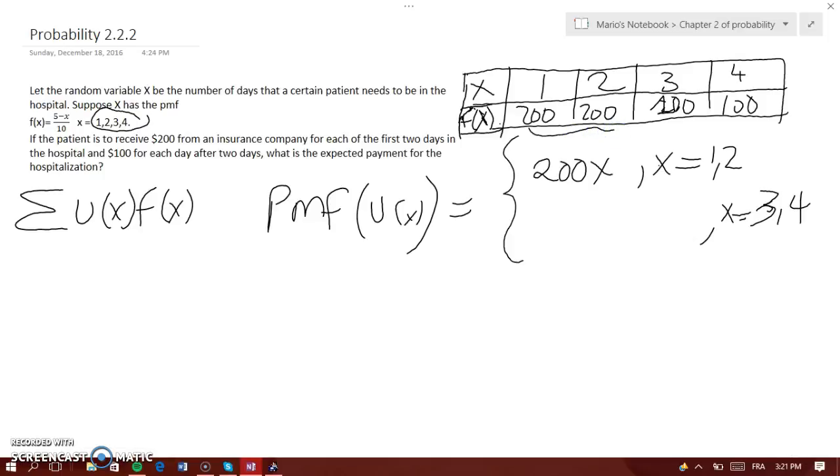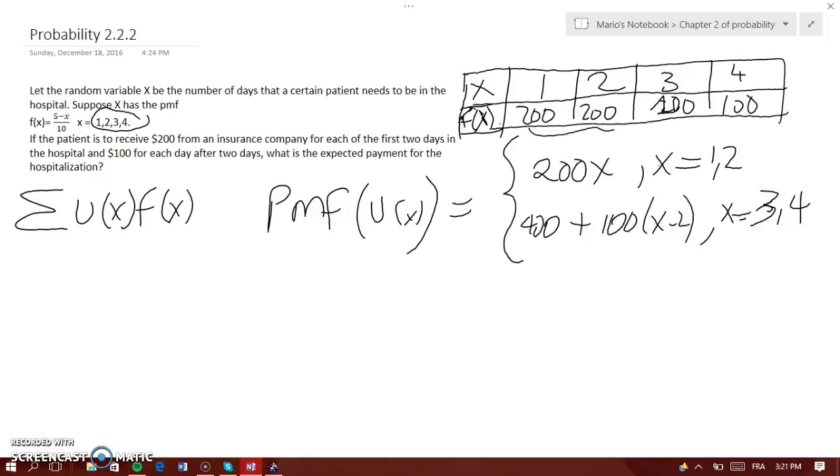So we would already have $400, plus in 3 and 4 we have $100 per day. Because it's 2 days left, we have 100 times x minus 2.